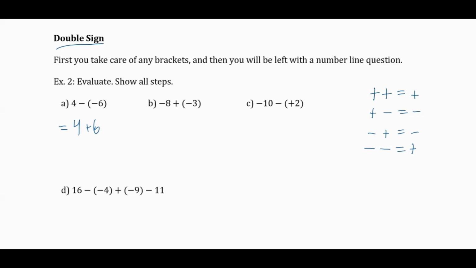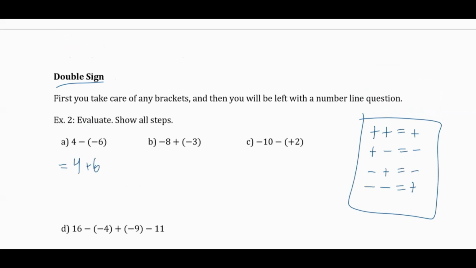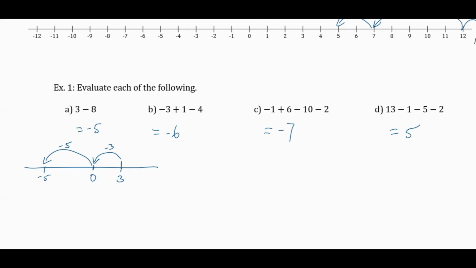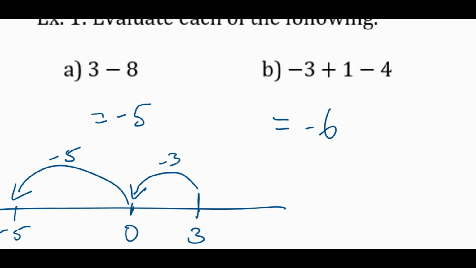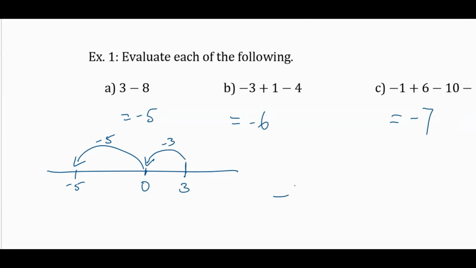But again, I want to remind you, eyes up here, everybody look. It's not how it works for questions like this or questions like this, -4, -6. This is a number line question. I'm starting at -4 and going down 6. Number line question, number line question, number line question.